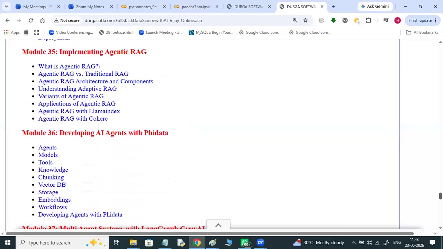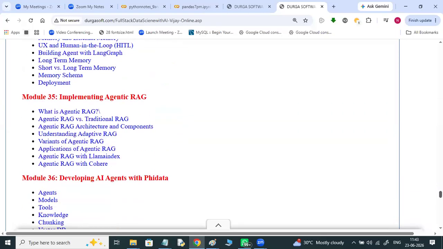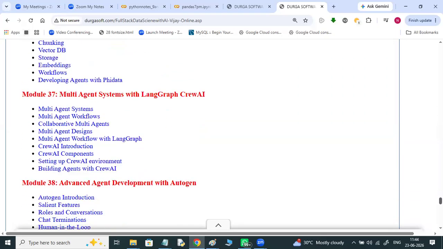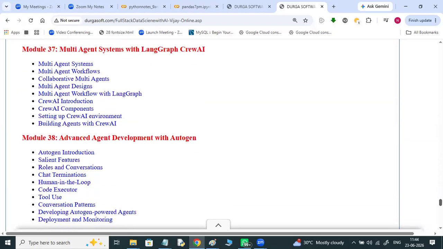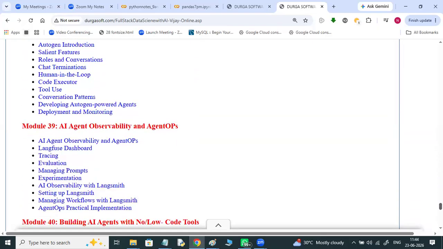Right, here we missed something, I think. Implementing agentic RAG, developing AI agents with LangGraph, CrewAI, and AutoGen, agent ops, and no-code/low-code tools, right?